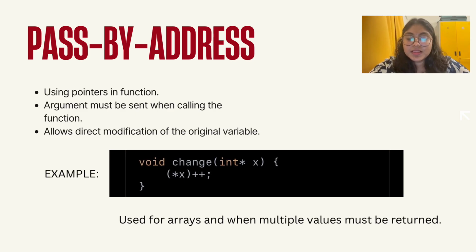For example, the function accesses the original variable. If the value was 5, it becomes 6 everywhere. We use it when we need to modify the original value, when working with arrays, and when returning multiple values from a function.